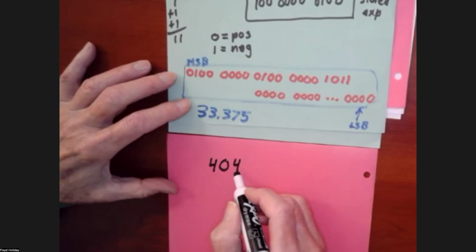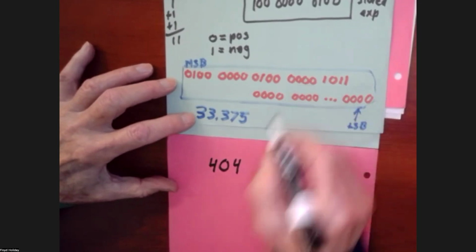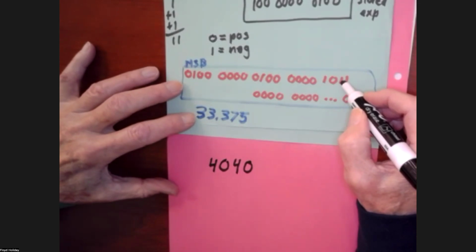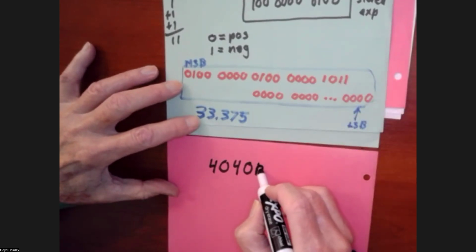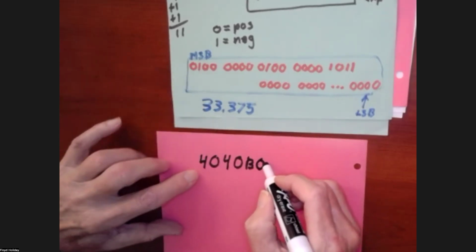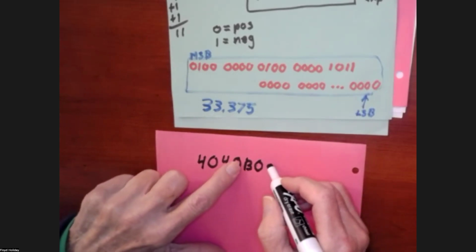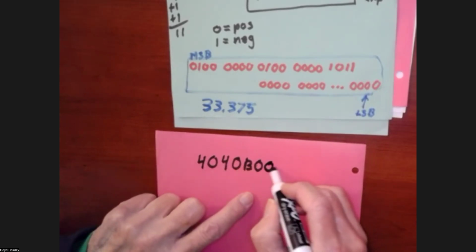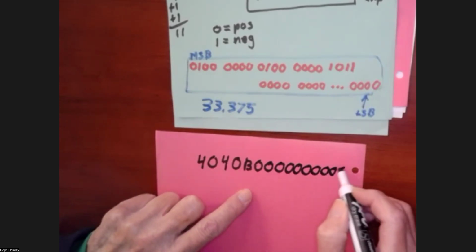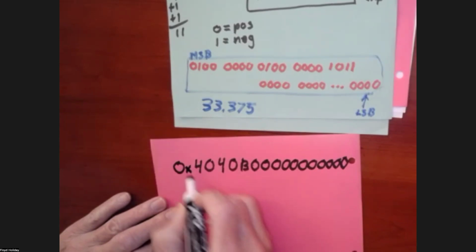And then there's a 0. And then there is 11, which is B. And then there's all these zeros again. To complete the answer, you need 16 digits. There it is.